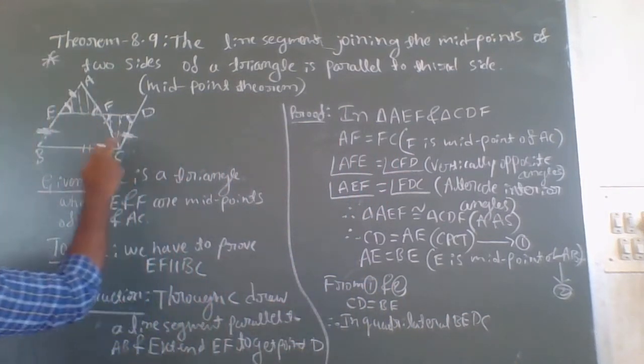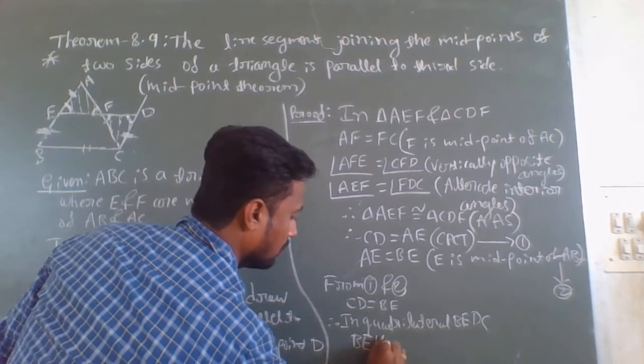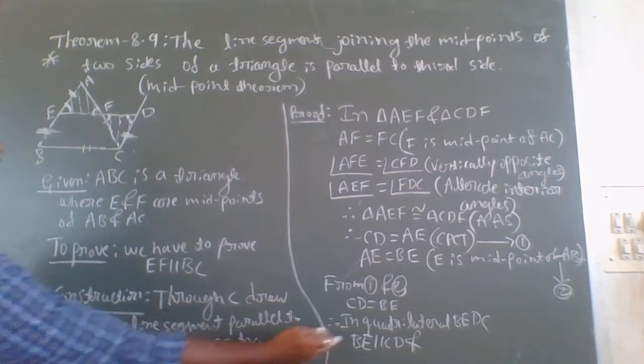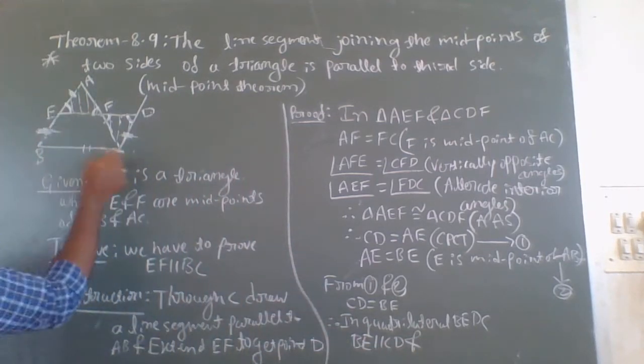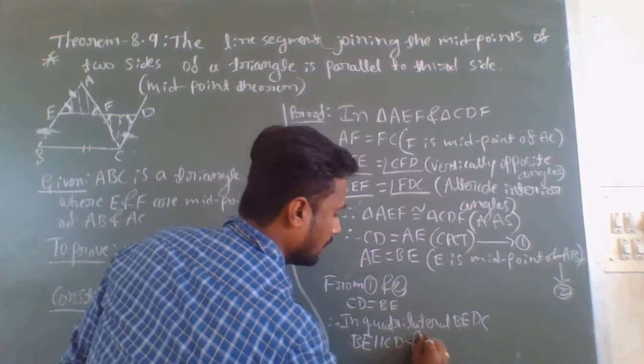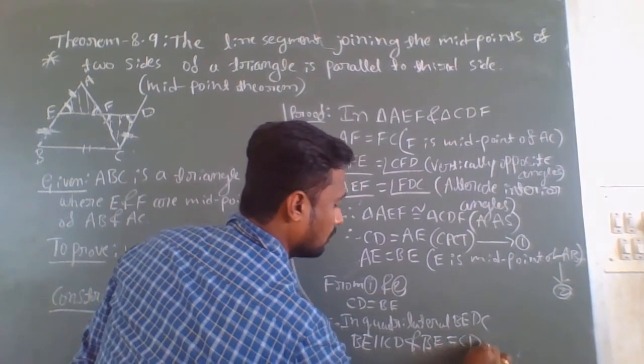CD is parallel to BE, and by construction we know that BE is parallel to CD and BE is equal to CD.